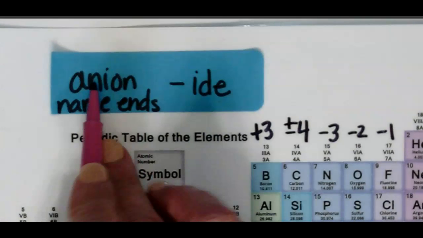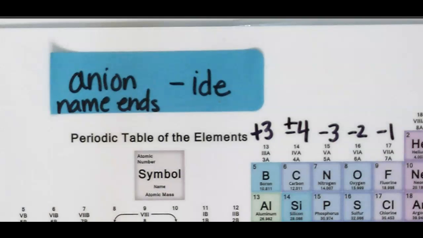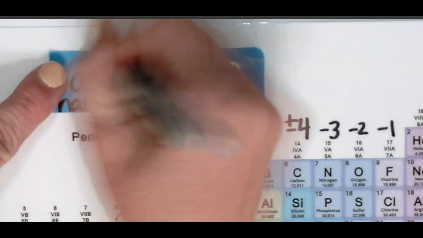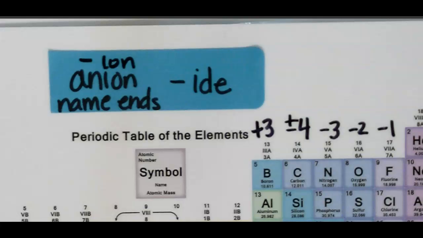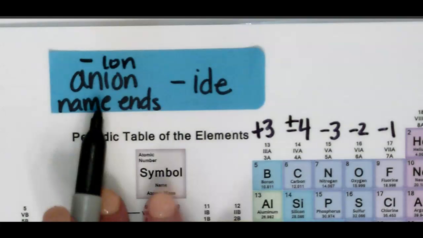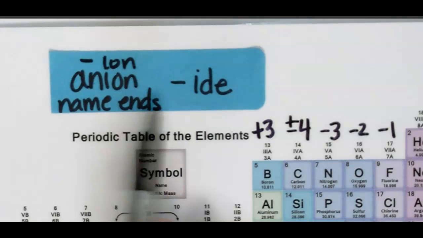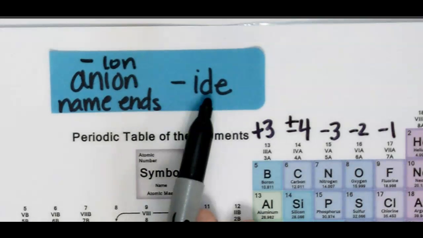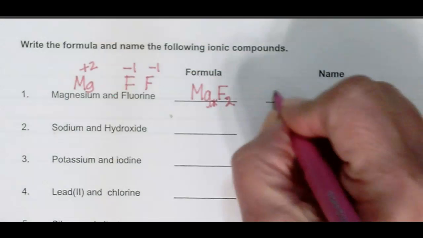Again, I told you, remember your anion is your negative ion. If your negative ion is from this periodic table, you're going to change the ending to "ide." So for this problem, I leave the first word exactly the same.